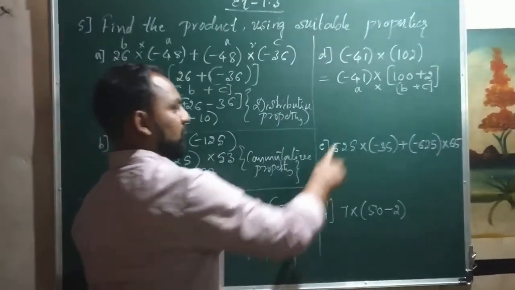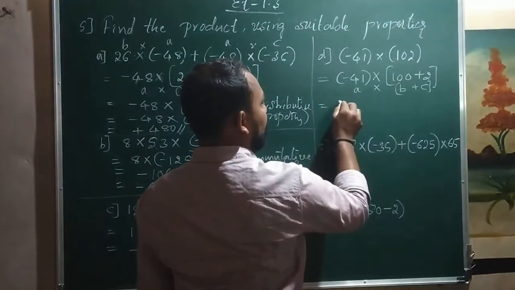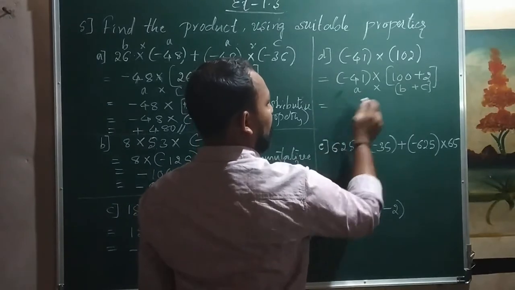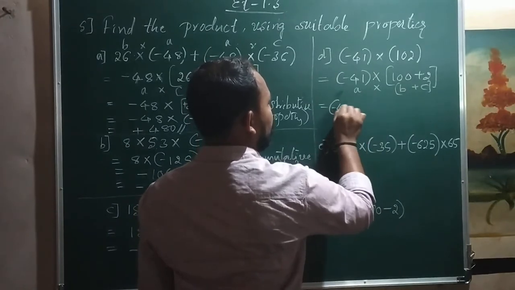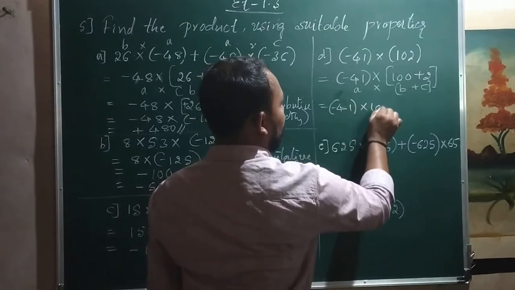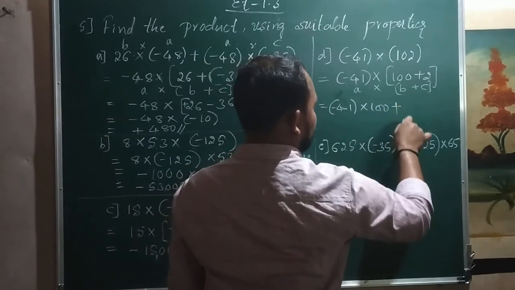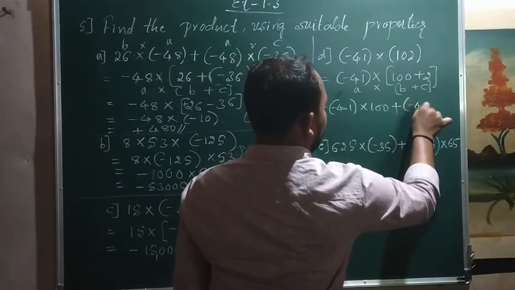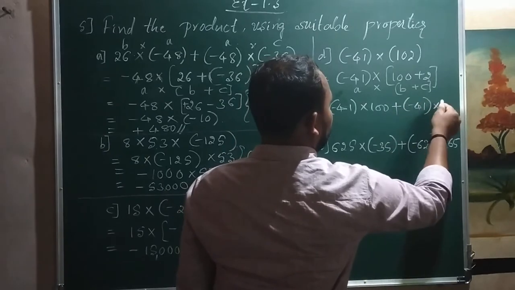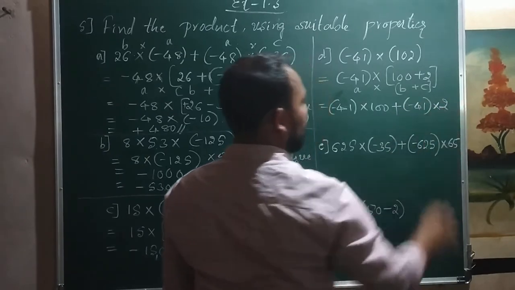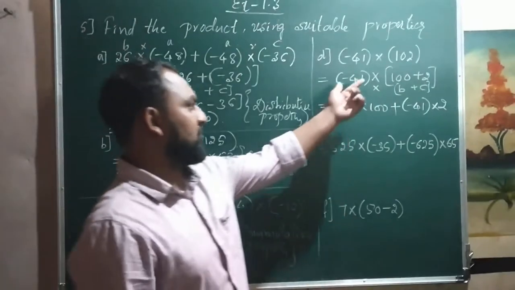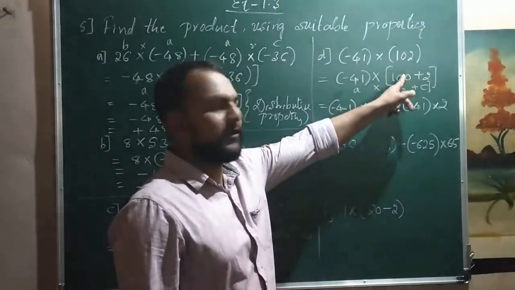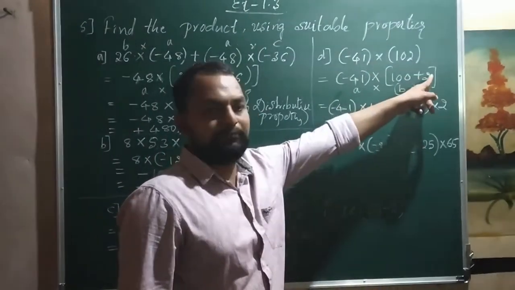The multiplication over addition. Here minus 41 into 100 plus minus 41 into 2. First, minus 41 into 100 and minus 41 into plus 2.